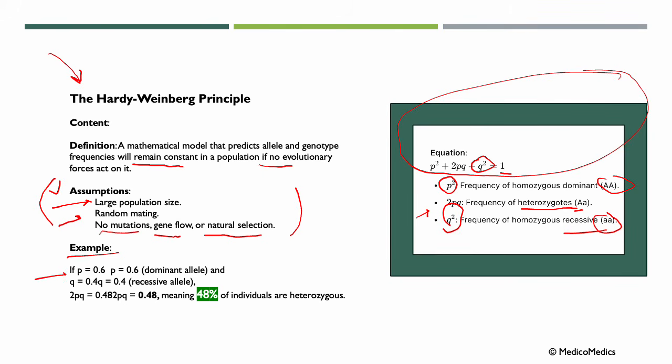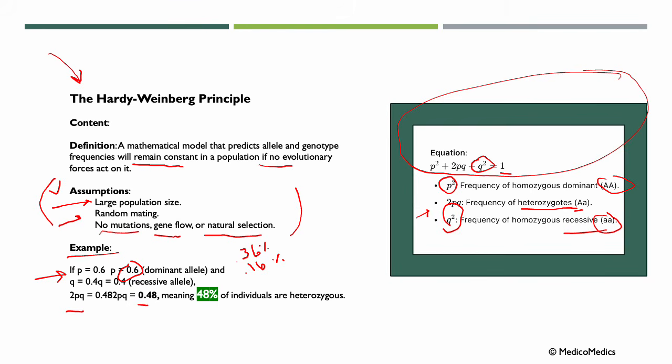And here is an example of a calculation. So if p, the dominant allele, is 0.6, that squared will give us 0.36, or 36%. And if q, the recessive allele, is 0.4, that squared will give us 0.16, or 16%. So 2pq would give us 2 times 0.6 times 0.4.